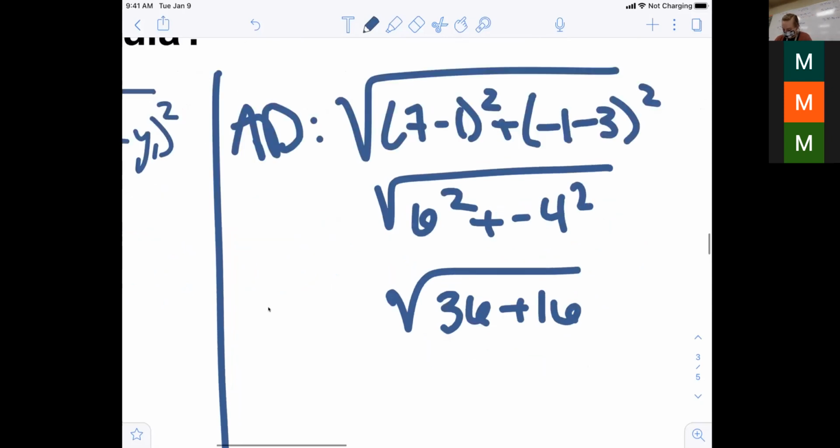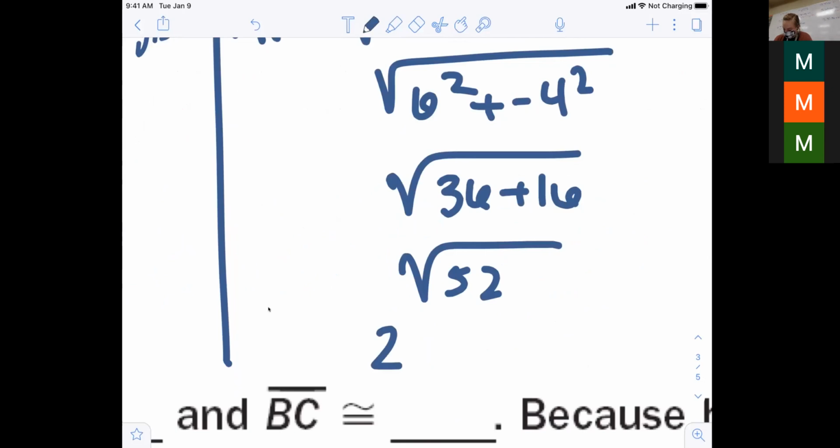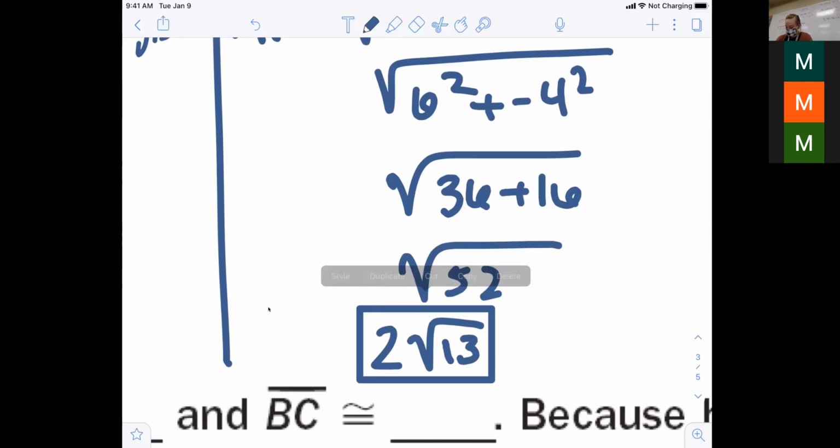Everything going okay in the back? It's iffy. The math is iffy. Yeah.